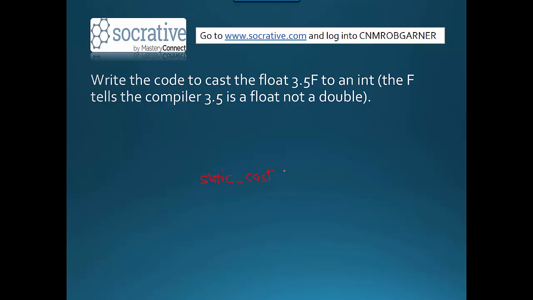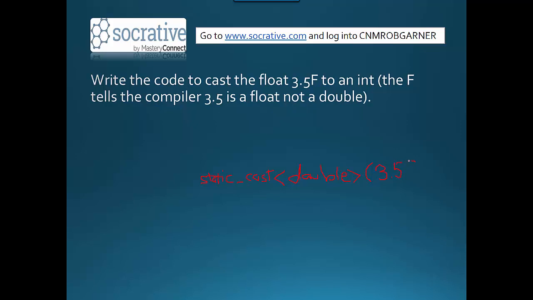And so we use these angle braces, and in this case we want to cast that into a double. So we'll put the type in the less than and greater than symbols, or the angle braces is the way I'm going to call it. And so static cast double, and then in parentheses we're going to pass in as a parameter the number we want to convert.